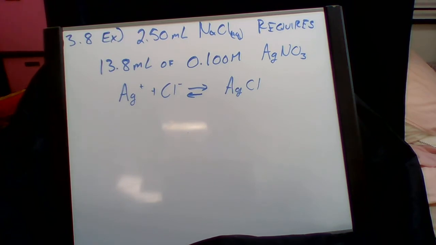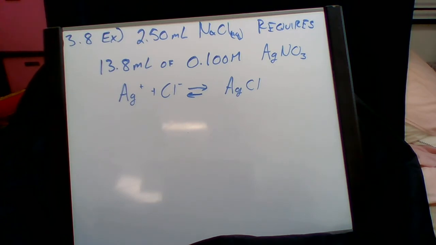Acid-base titrations, or actually any titration for that matter, is used as a method to determine an unknown concentration by using a known solution, which we call a standard solution. And so in this situation, we're looking to find the concentration of salt, the sodium chloride, in the seawater by using the precipitation method with silver nitrate.